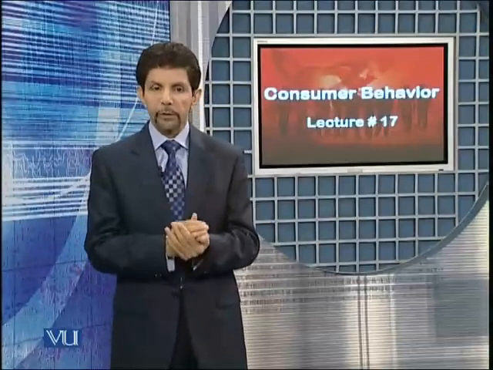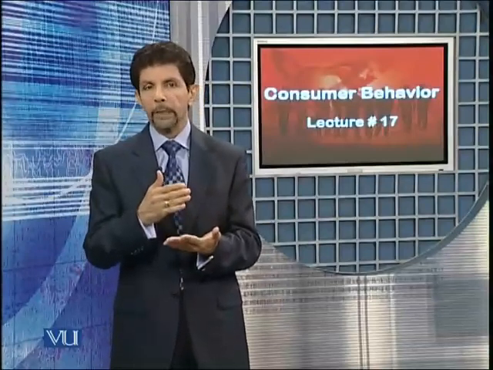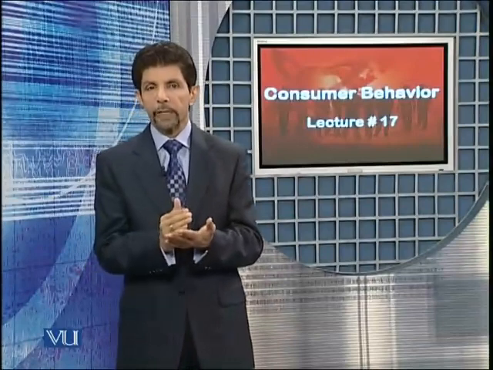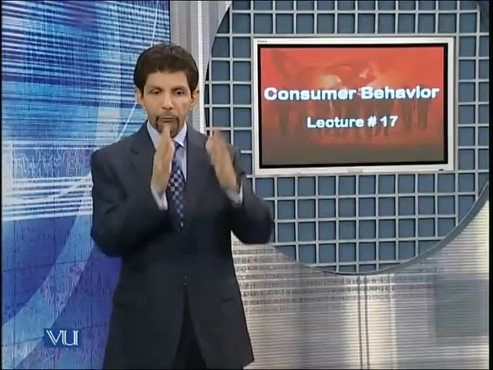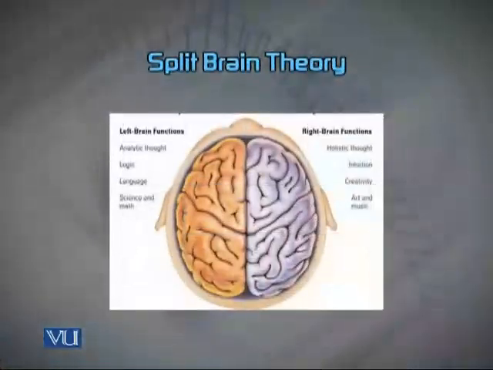The idea came about from the clinical studies which suggested that the brain has 2 hemispheres. For this purpose, I'm showing you a picture which shows that the brain is broken into the left hemisphere and the right hemisphere. According to clinical research, the left hemisphere, or the left brain, is the one which relates itself to information.